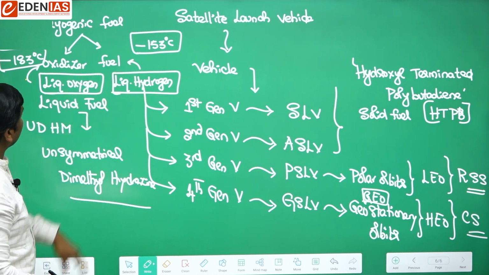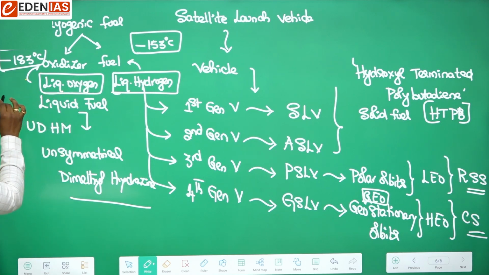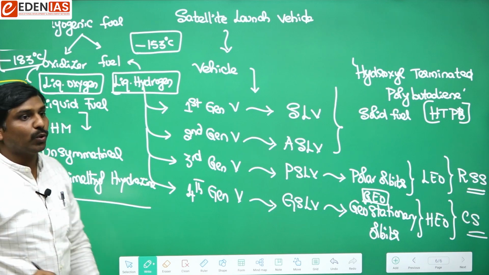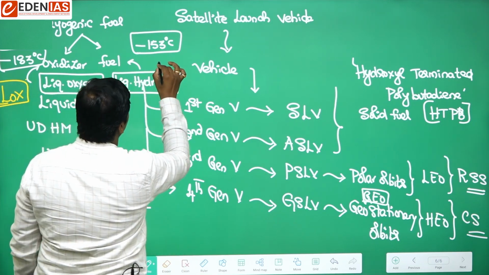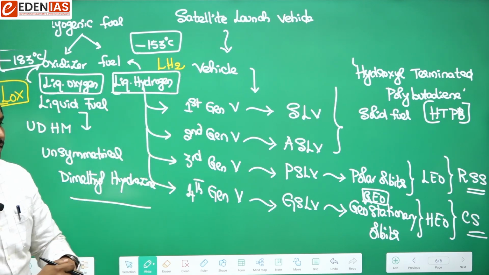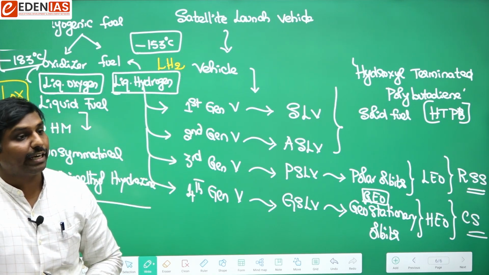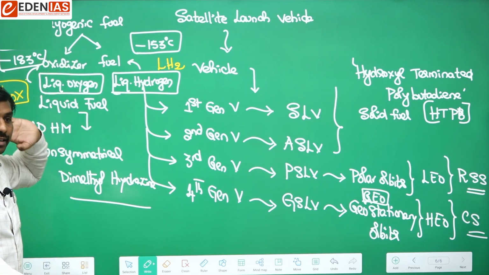So in simple fashion, how we will write them: liquid oxygen would be written like LOX. Okay, and the other way, we will write liquid hydrogen as LH2. So this is how we will represent them in technical sense. Okay, try to remember that. So this is with respect to the cryogenic fuel.